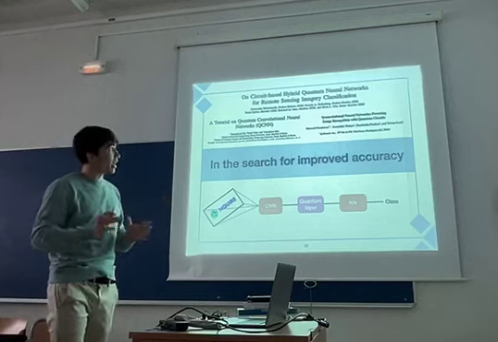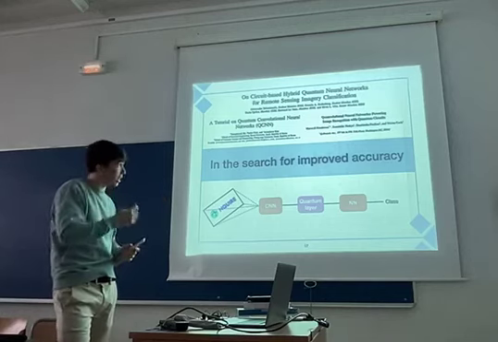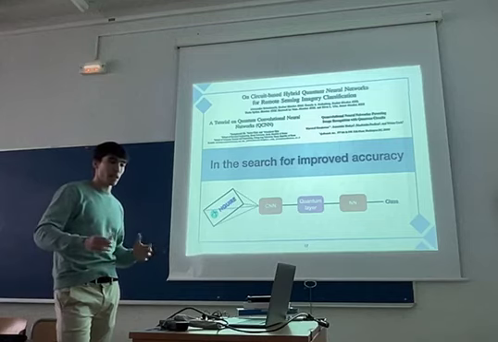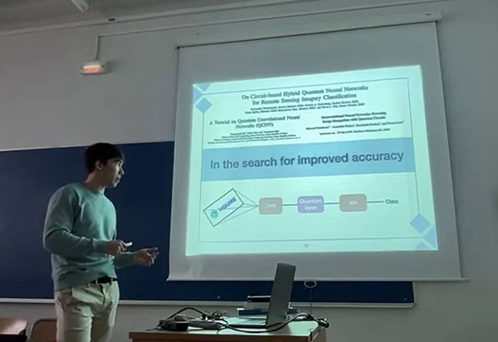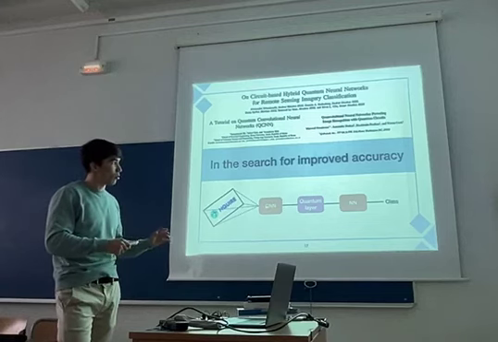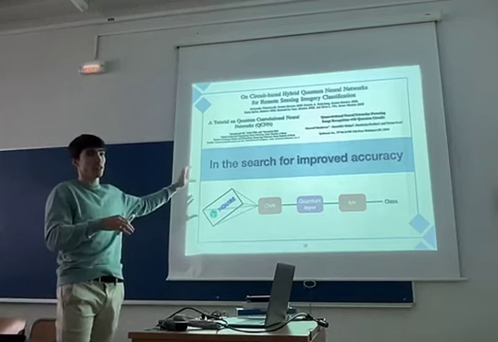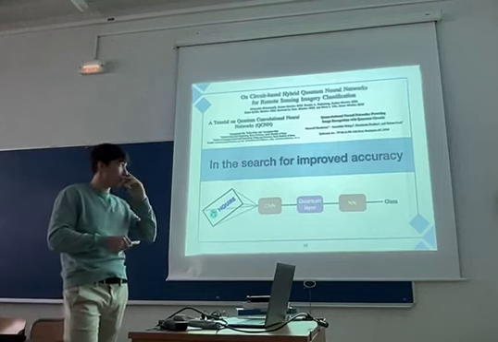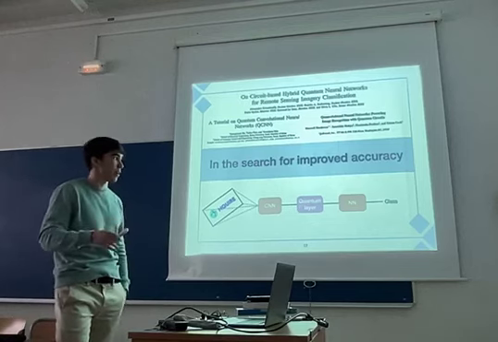So the other line of research with respect to image classification is trying to obtain and improve accuracy in the classification. So as I told you, I have an image, I have this convolutional neural network, remember the picture of the zebra, this kind of network, and at some point I introduce a quantum layer.